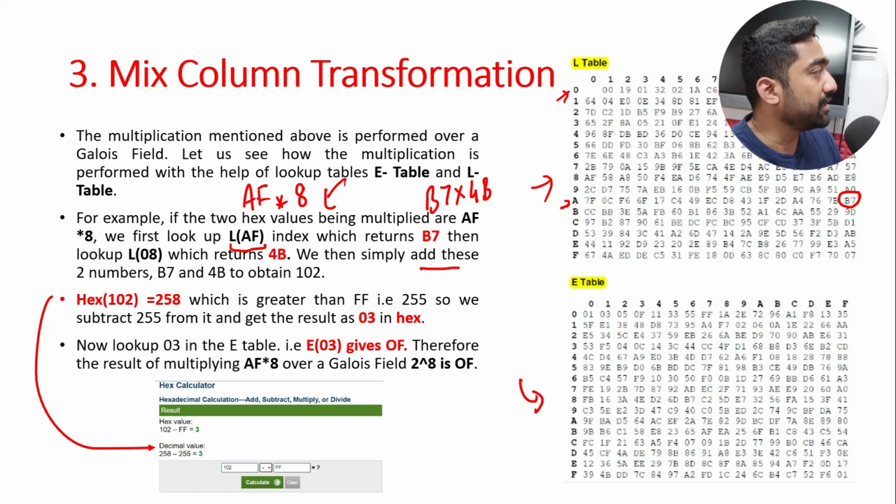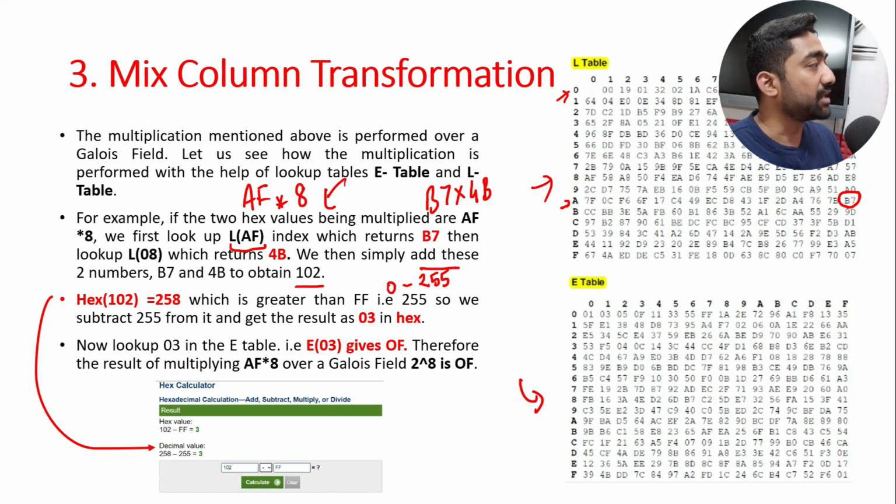So now, as I have already mentioned, we simply add these numbers, that is B7 and 4B, and we will get a result of 102. Now, as 102 is greater than 255, because in hexadecimal notation the maximum we can get is 255, we'll convert that into a range of 255. For simplicity, what we have shown over here is 102 in hex, which in decimal converts to 258.